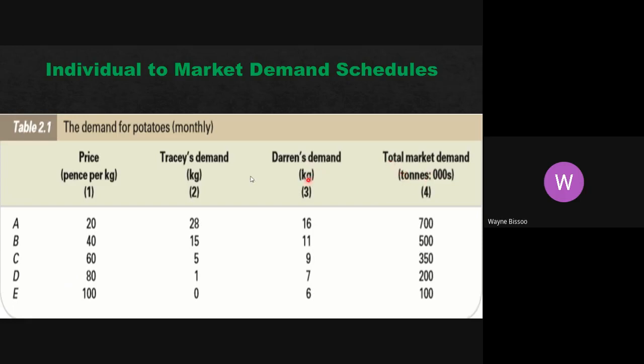As prices go up, from A down through B, C, D, E, and we are at 100 pence per kilogram, you'd see that Tracy's demand falls to 0, but Darren's demand falls only to 6. You seeing that? And total demand falls down to 100 tons of potatoes.